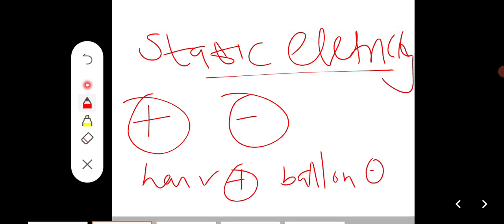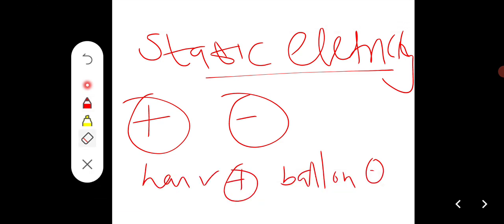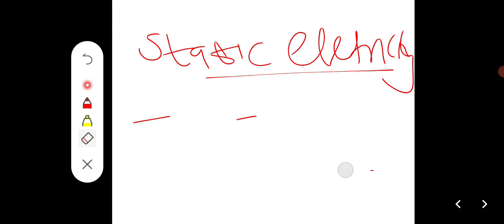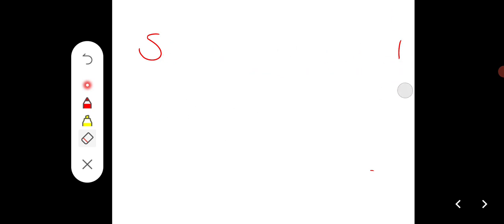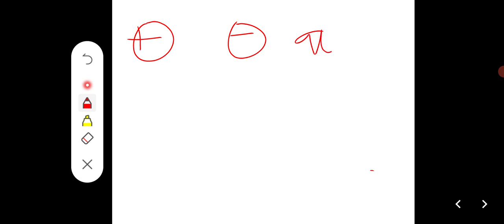These two charges, a positive charge and a negative charge, attract each other, because like charges repel and unlike charges attract.